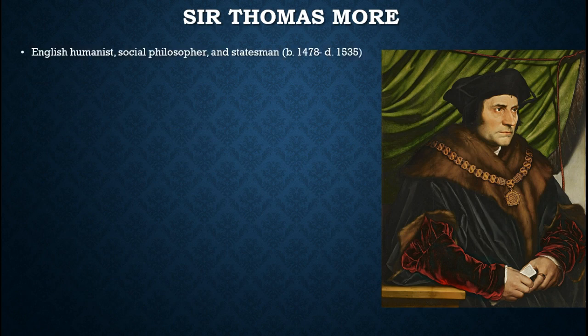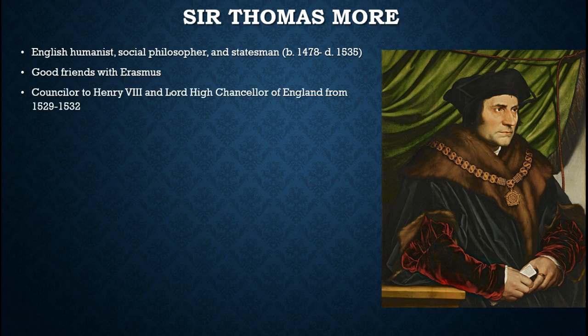Another important Northern Renaissance humanist writer and thinker was the Englishman Sir Thomas More. More and Erasmus were good friends and often critiqued each other's works. More held several high government positions, including being counselor to King Henry VIII of England and the Lord High Chancellor of England from 1529 to 1532.